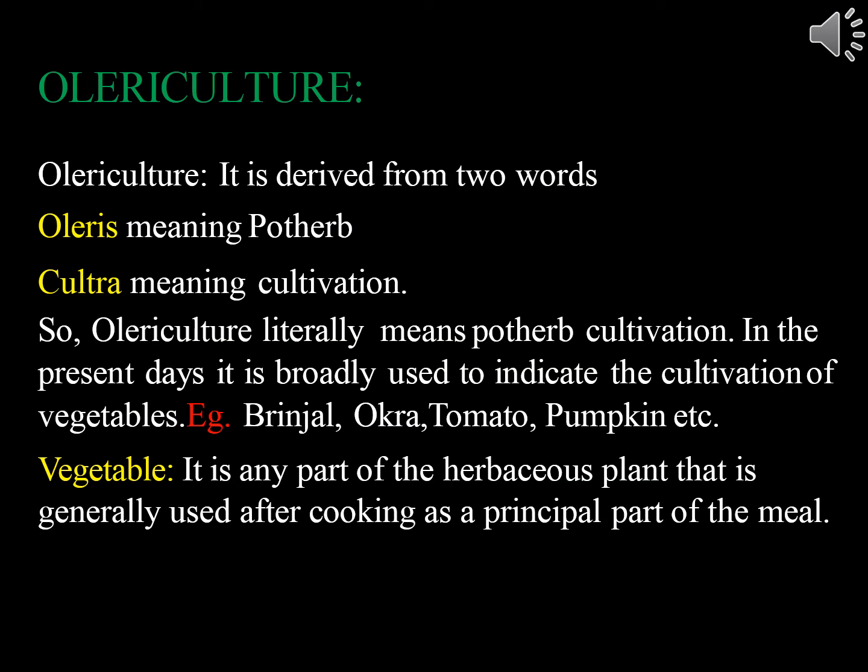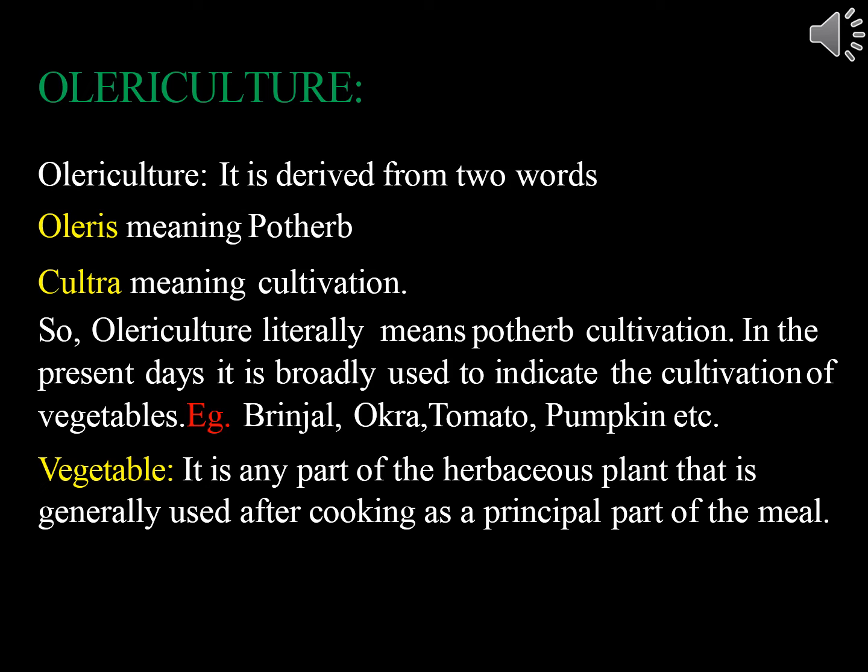Olericulture. Olericulture is derived from two words, oleris meaning pot herb, and cultura meaning cultivation. So, olericulture literally means pot herb cultivation. In present days, it is broadly used to indicate the cultivation of vegetables.